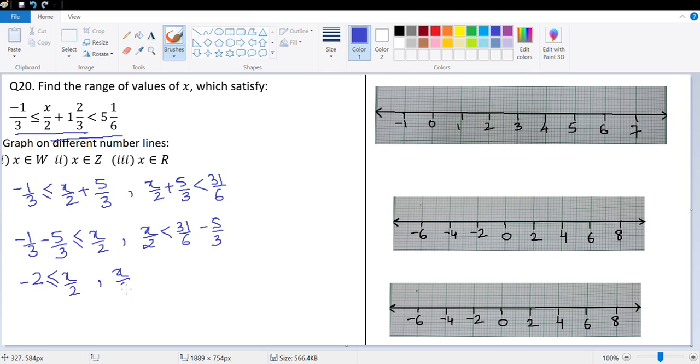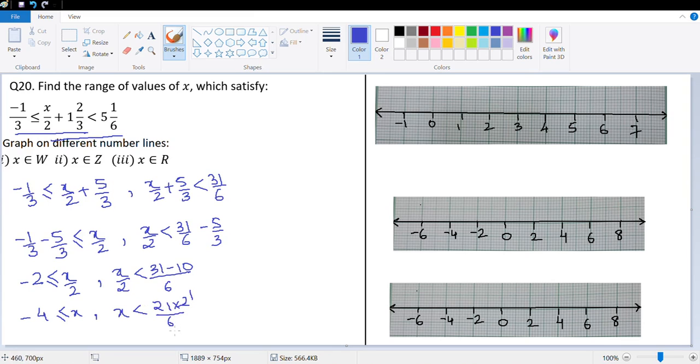and this is x upon 2 is less than 31 minus, if I take the LCM, that's 6, so this becomes 10, which means this is negative 4 is less than or equal to x, and x is less than 31 minus 10, that's 21, so that's 21 into 2 upon 6.